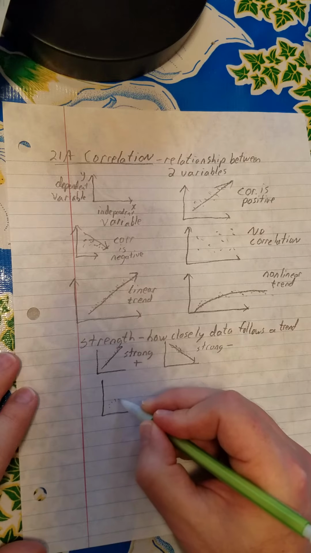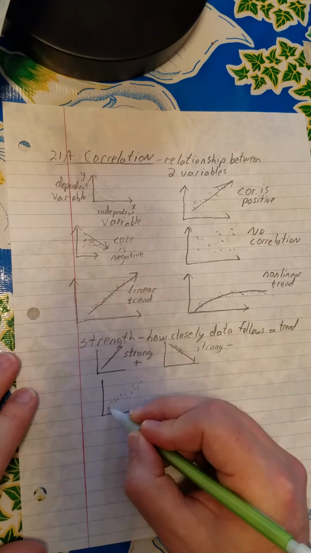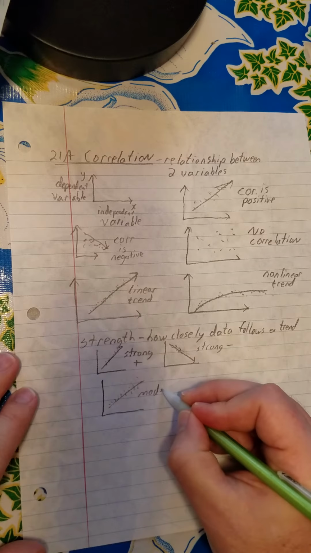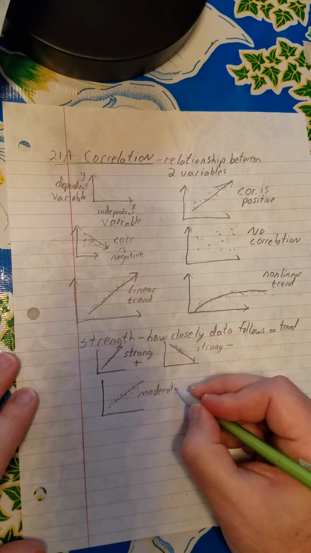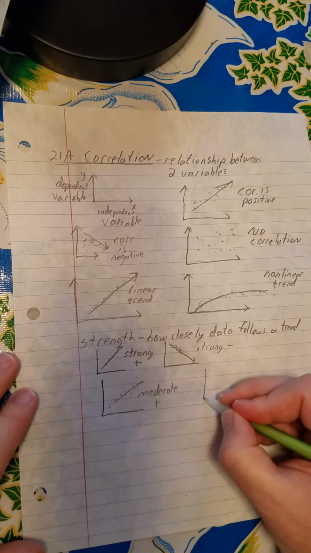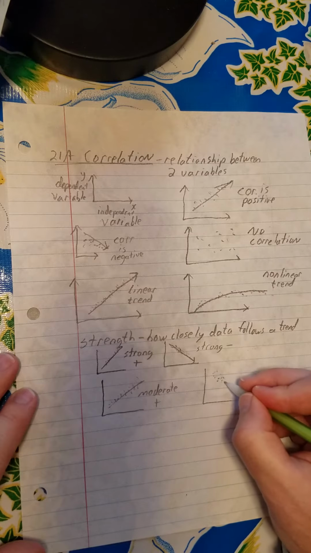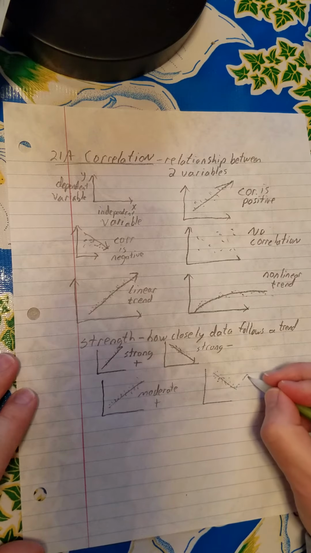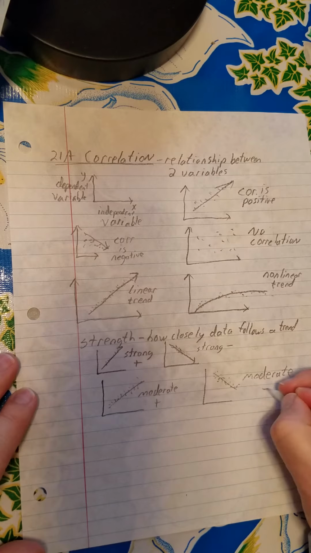If the data is a little further apart, a little more spread out, we would say that's a moderate correlation. So again, you can have a moderate positive or a moderate negative.